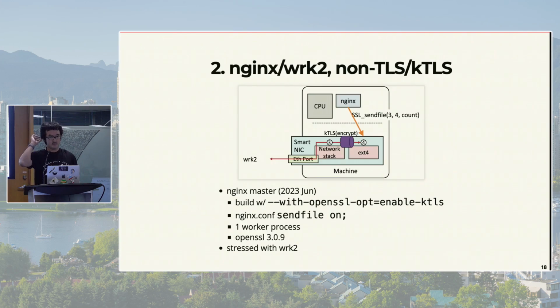And for the Nginx benchmark, we used a recent version of Nginx with a non-default build option enabling the kTLS functionality, and also enabled the sendfile system call in the configuration file. And we stressed this Nginx instance with the wrk tool as the web client.